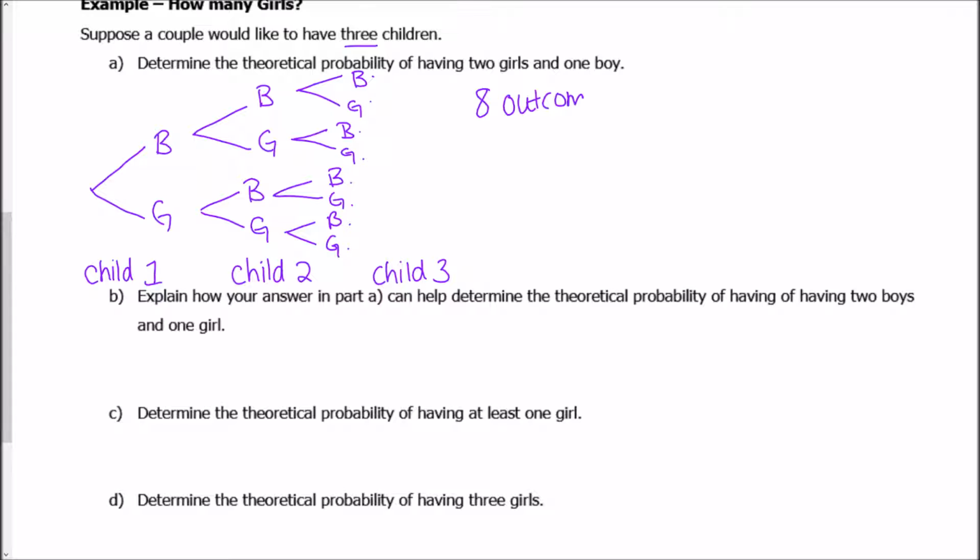So let's list out what our 8 outcomes are. So our first outcome right here, boy, boy, boy, is what we'll write down right here. Our second outcome that we have here is boy, boy, girl. Okay. Our third outcome is boy, girl, boy. And then our fourth outcome right here is boy, girl, girl.